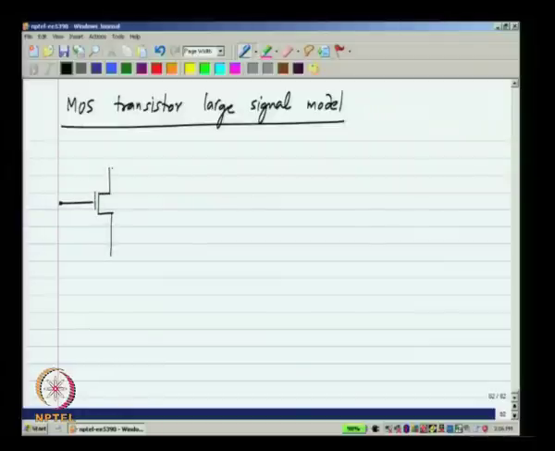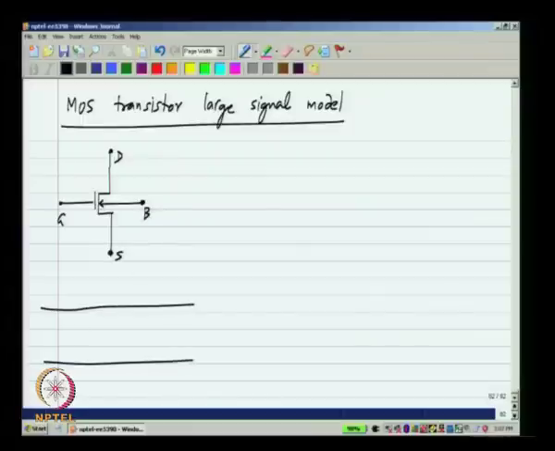So, if I consider an NMOS transistor, there are 4 terminals really, and physically they correspond to these terminals, and this is the bulk. Okay.